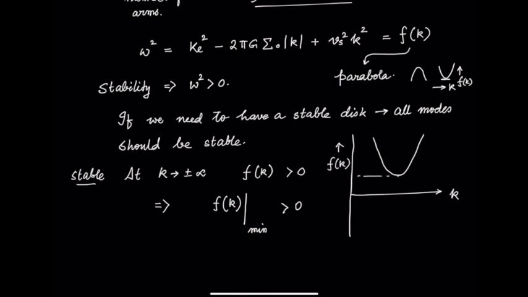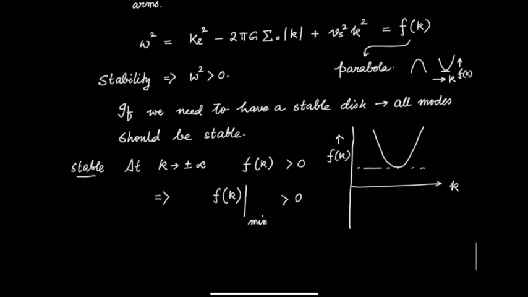First of all, if all modes are stable, you cannot have the inverted parabola because then at k plus minus infinity, obviously Fk will be negative. And if all modes are stable, then I have to have this type of parabola, but I cannot have a parabola which is lesser than 0, because then omega square will be less than 0, and it will not be stable. So better I have the minima greater than 0.